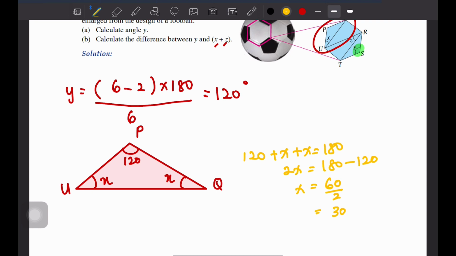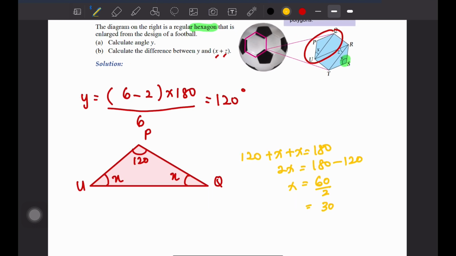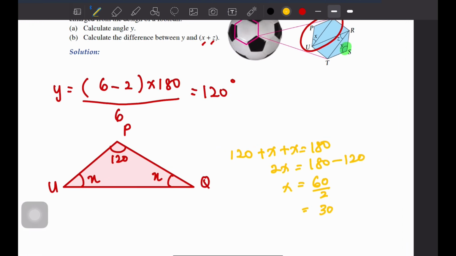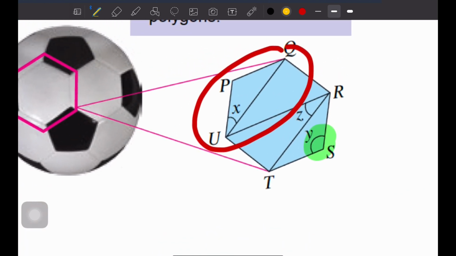Next, how can we find z? I try to zoom this one.